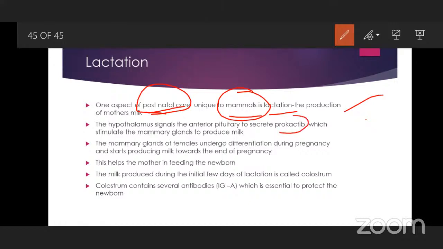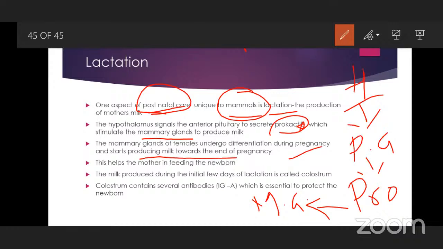Mammary glands will undergo differentiation during pregnancy and start producing milk towards the end of the pregnancy. Then we have already discussed this mammary glands, what the structures of mammary glands are, and how it produces the milk. This helps the mother in feeding the newborn.